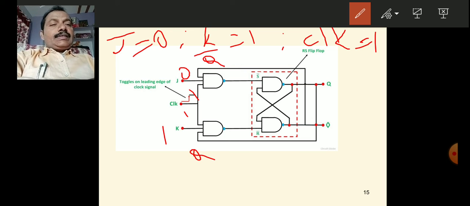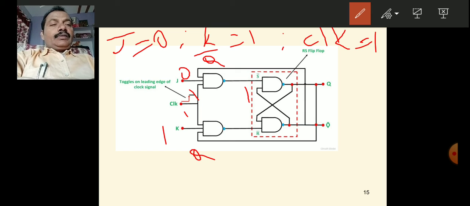But you need not assume in this case, you can verify the values like this. For example, 0, 1. If one of the NAND gate's inputs is 0, automatically the output is 1 here.